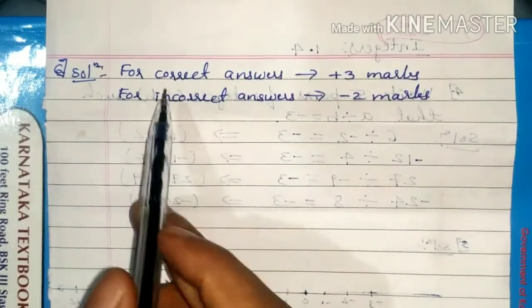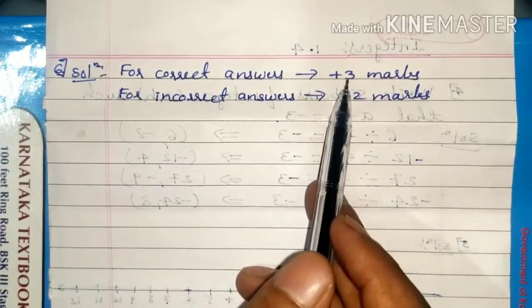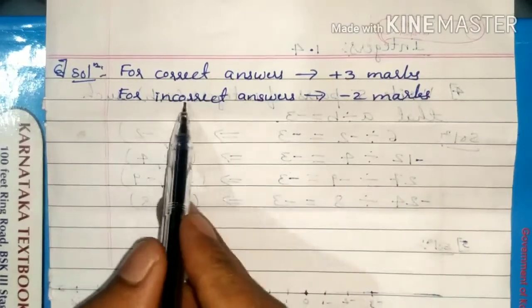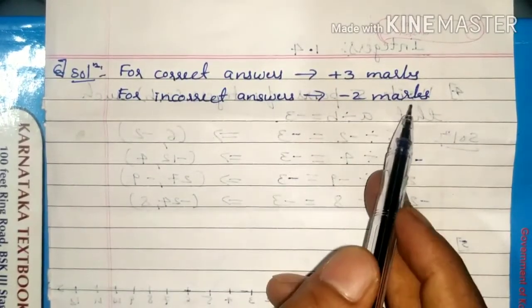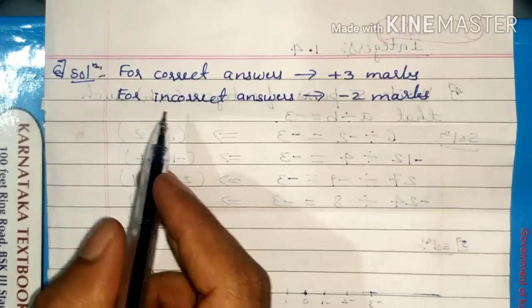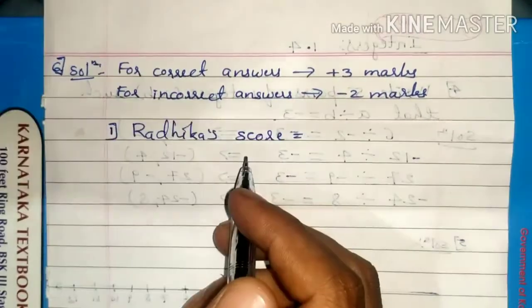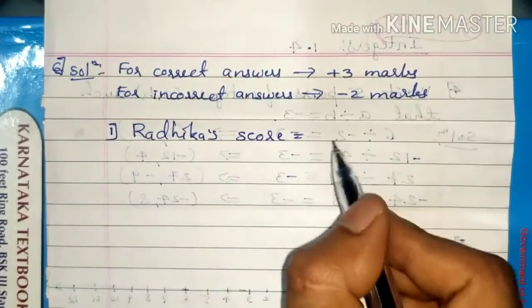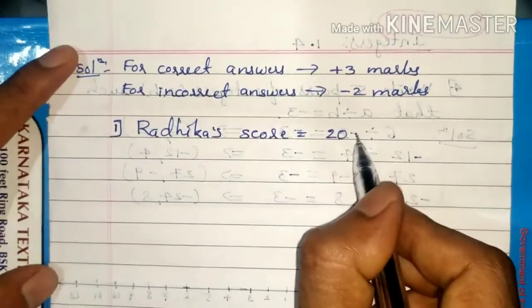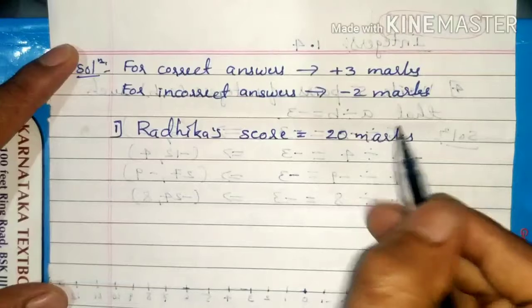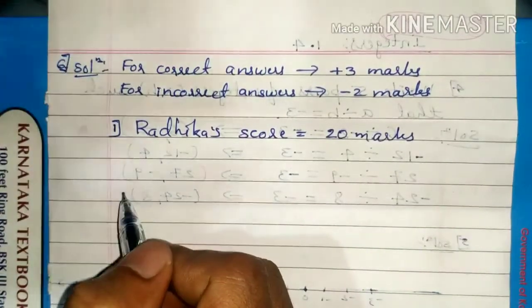For a correct answer she will get plus 3 marks, and for incorrect answers minus 2 marks. So the total score scored by Radhika we will write here. Radhika scored 20 marks.